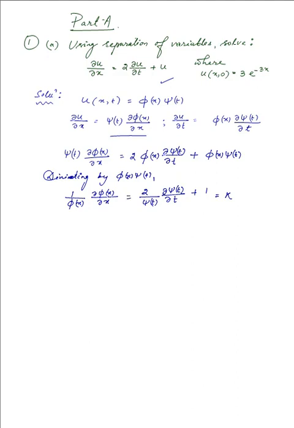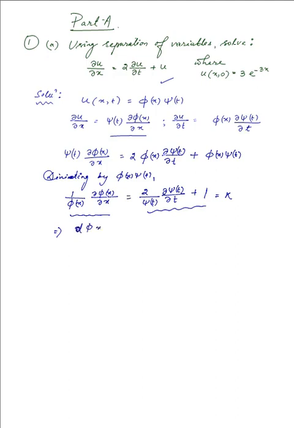Now all of this, because we have separated the variables, we can just take them to be equal to some constant value, let that be equal to k. So what we have essentially is that this first part will be equal to k, and also the second part that we have, both of them will be equal to k independently. So we get, now because we have separated them, we can take the complete derivative.